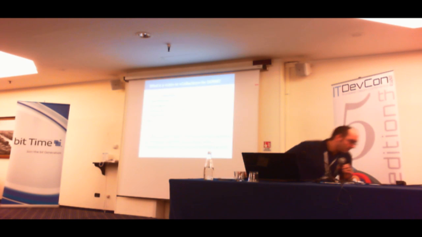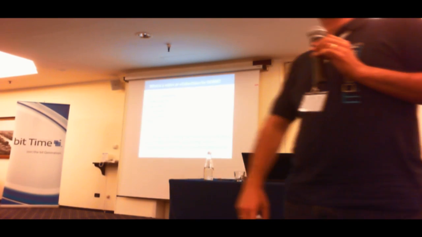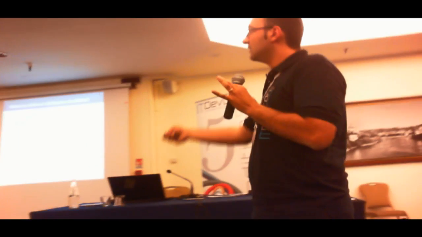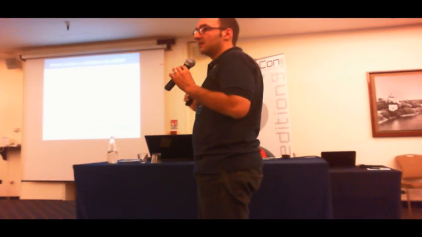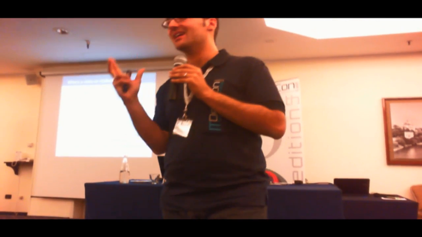Okay, what is a list or collection for DORM? It's an object that can be mapped to this interface. It's not an object that implements that interface, but one that could implement that interface, okay?